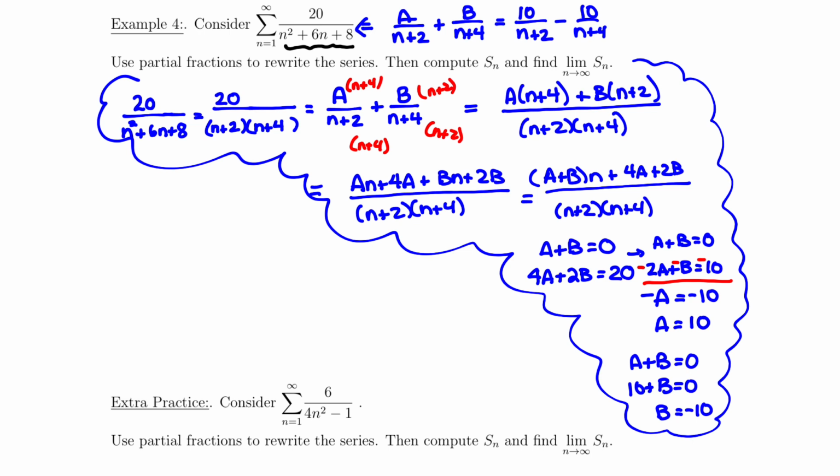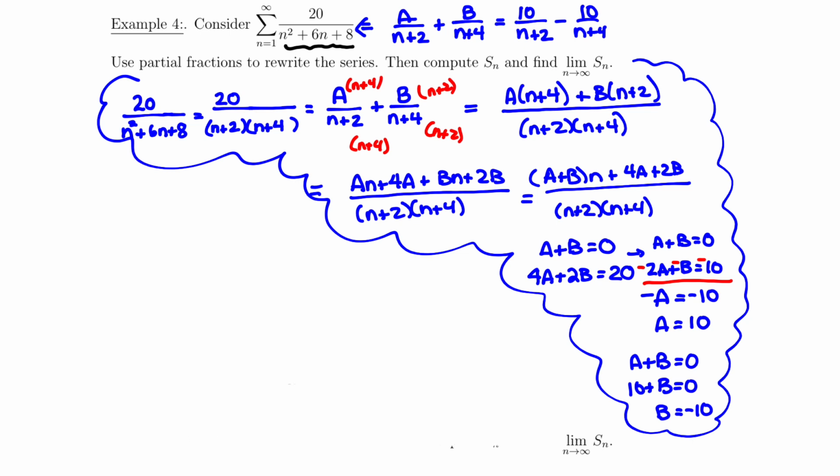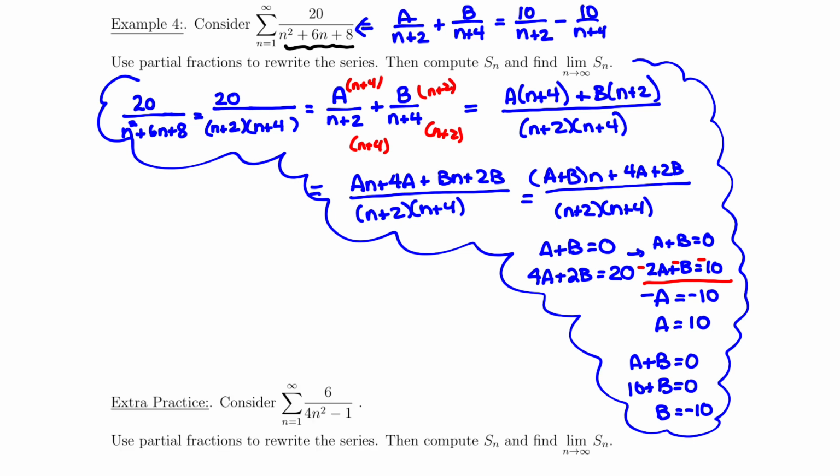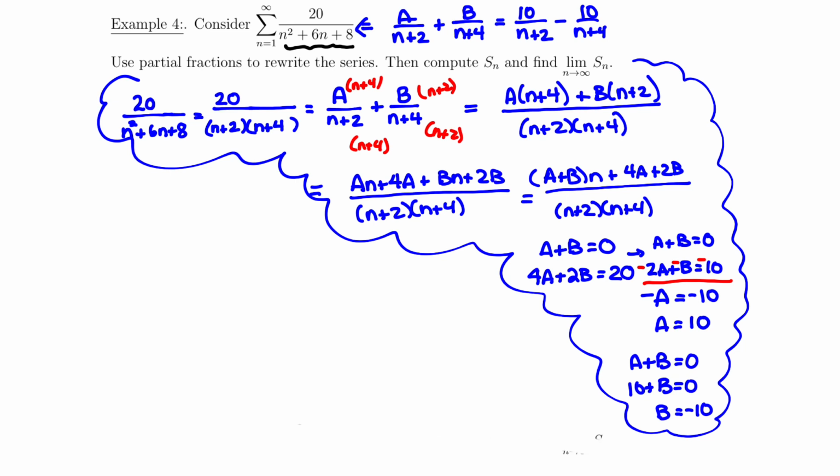So really what that means is we're looking at this series. Let me get rid of some of these. Okay, so I'm going to erase this stuff here so that I have space.